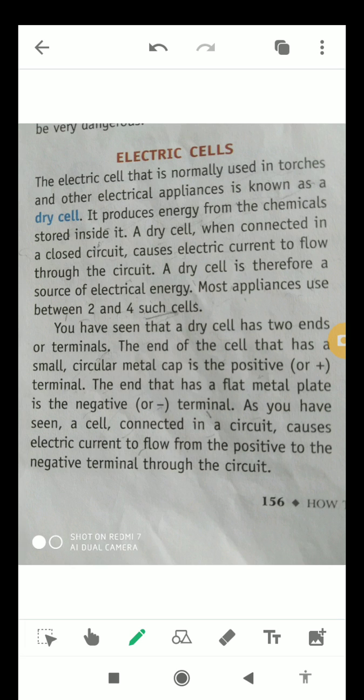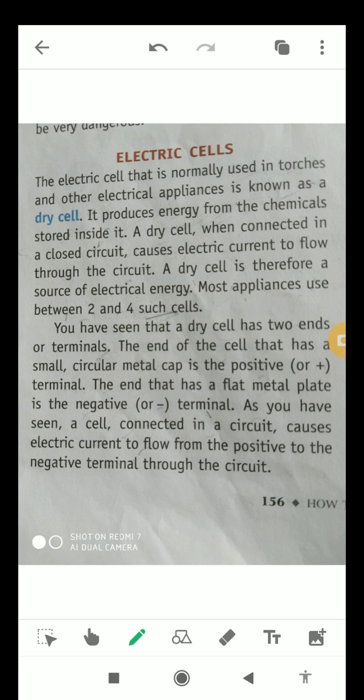Okay, you have seen that a dry cell has two ends, or we can say terminals as well. The end of the cell that has a small circular metal cap is the positive terminal, and we denote it by the plus sign, as you can see in the brackets. The end that has a flat metal plate is the negative terminal, and we denote it by the negative sign.